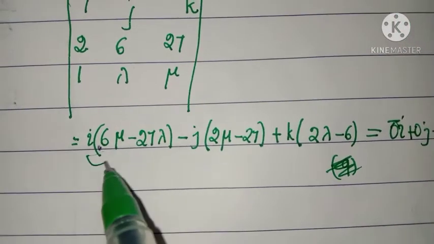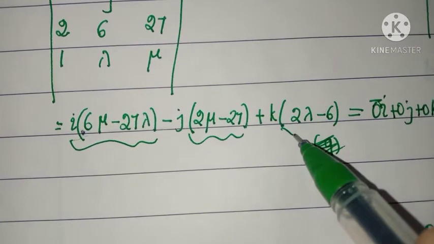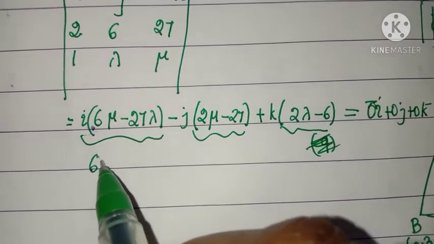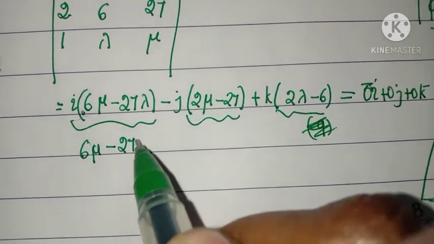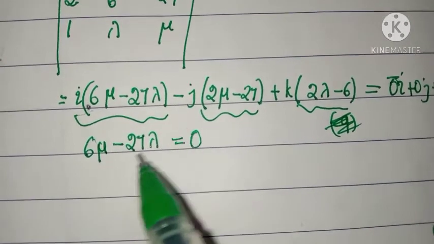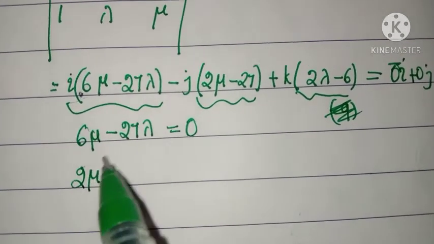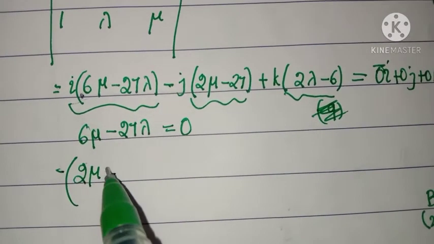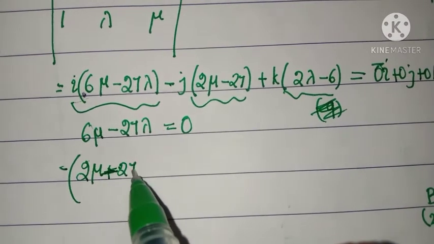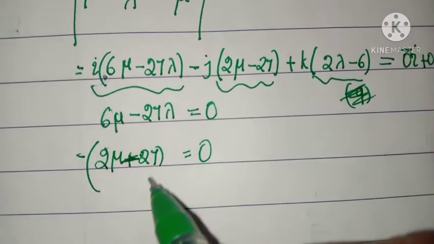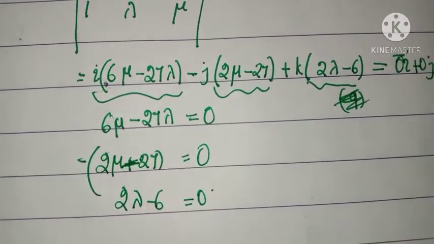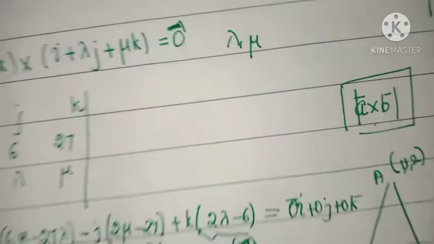Now equate i component, j component and k component to 0. So 6 mu minus 27 lambda is equal to 0; 2 mu minus 27 is equal to 0; 2 lambda minus 6 equal to 0, because the cross product is equal to 0.